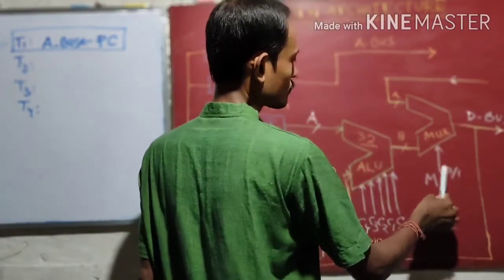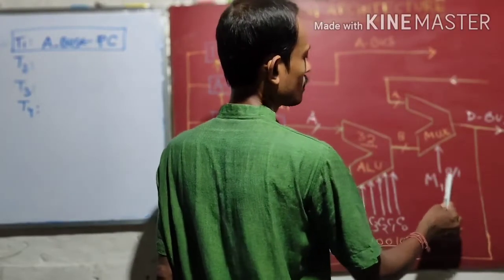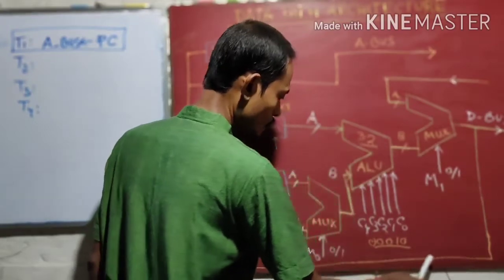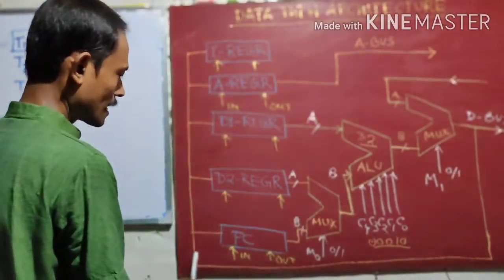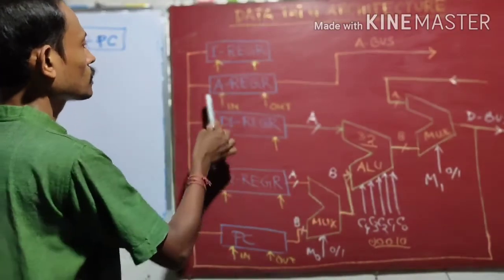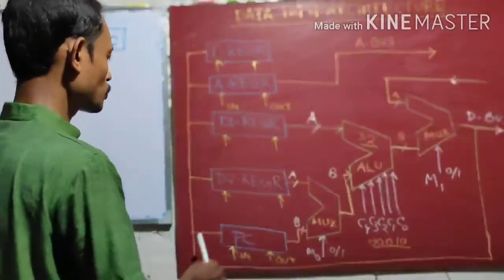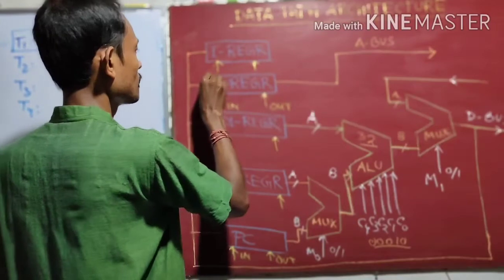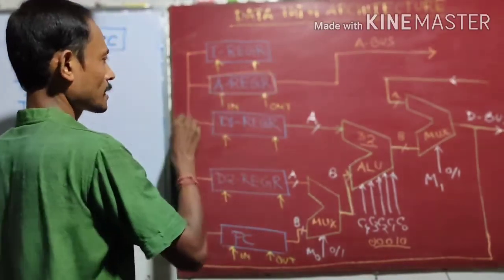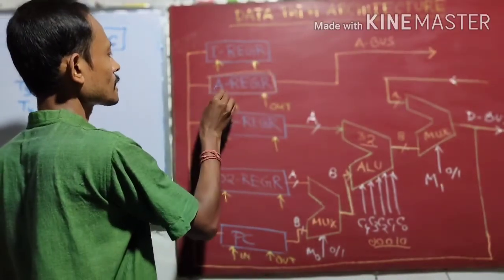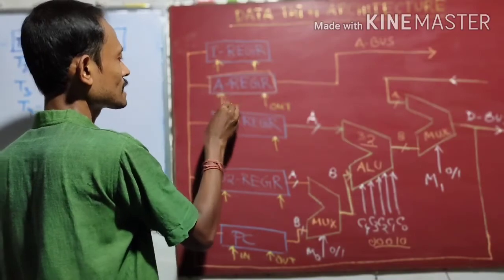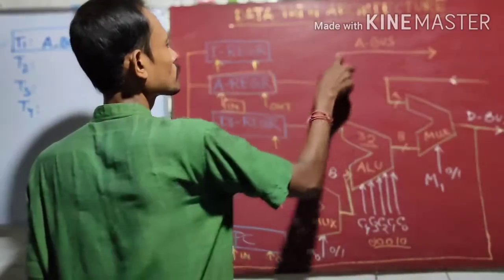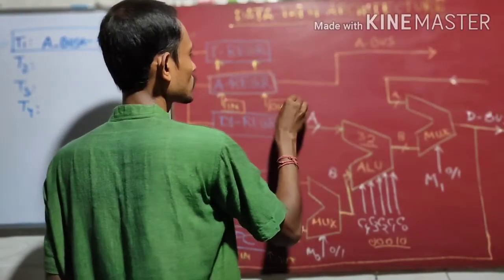In that case again the control signal here will be 1, and then that data will be put on this line, and it will go to all these registers, and ultimately to the address register. When it goes to the address register, the in signal of this address register should be on, and when it goes out to the address bus, then the out signal should be on.